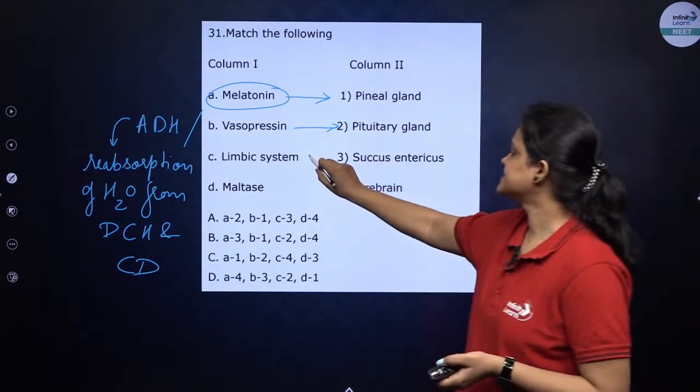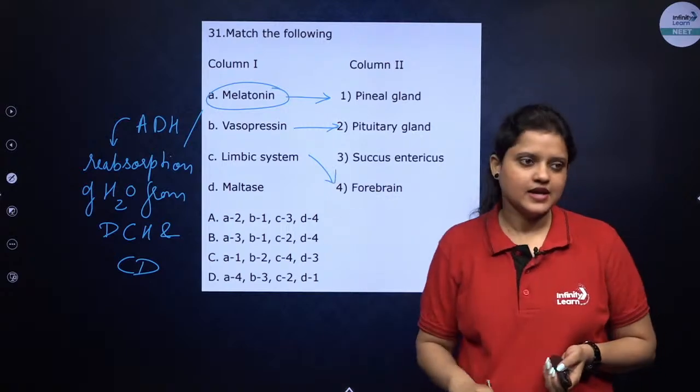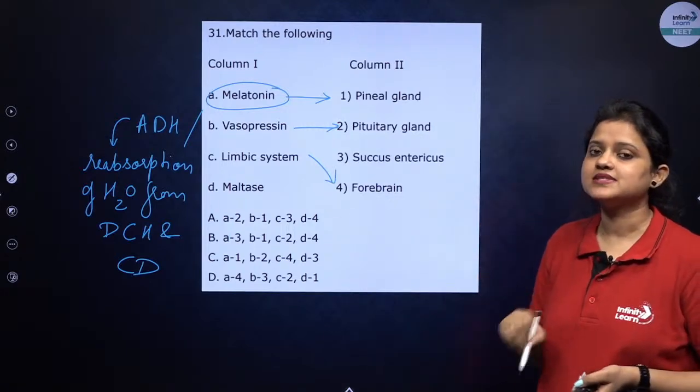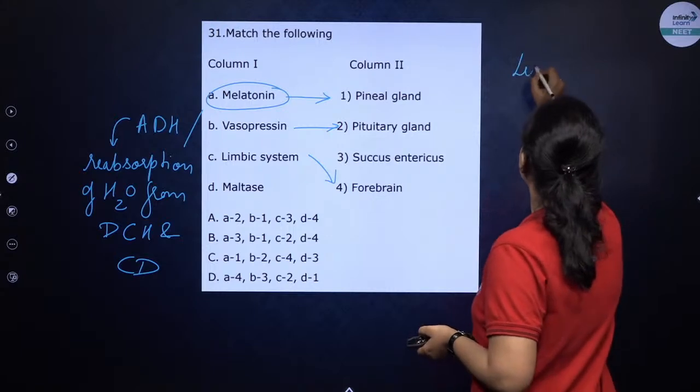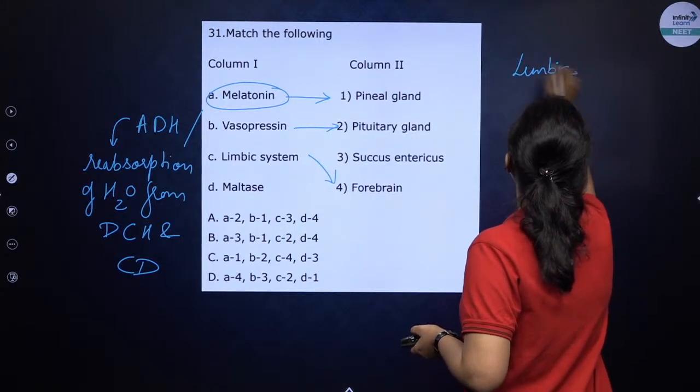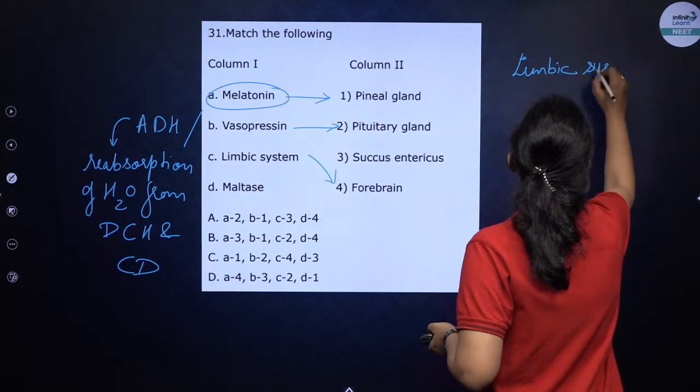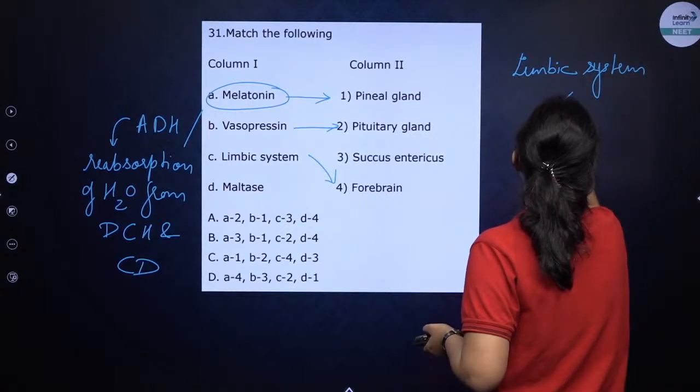Limbic system is present in the forebrain. Limbic system is also known as the emotional brain. It is responsible for our emotions.